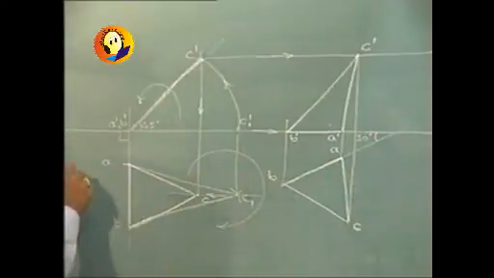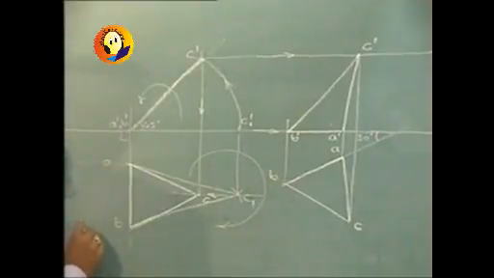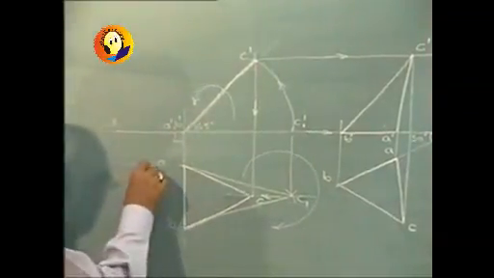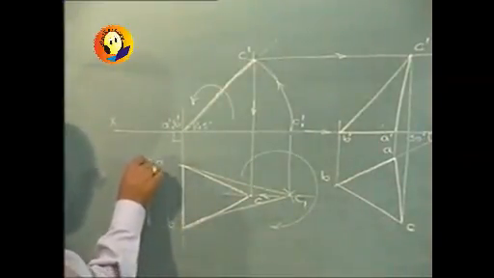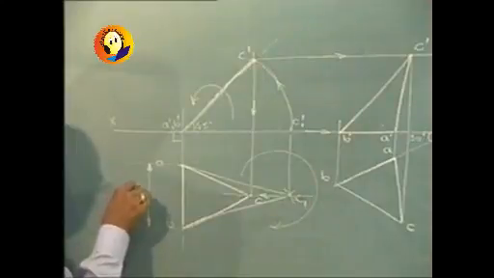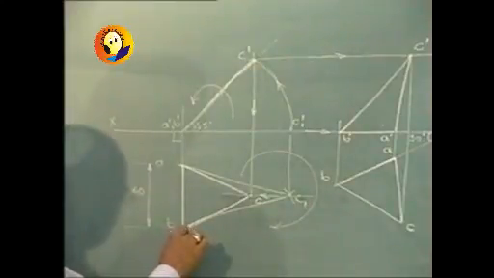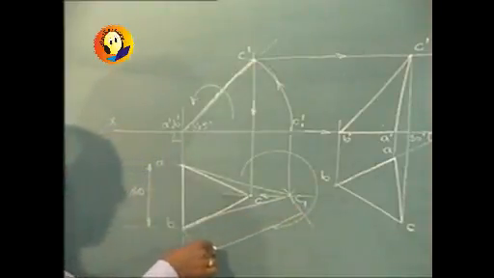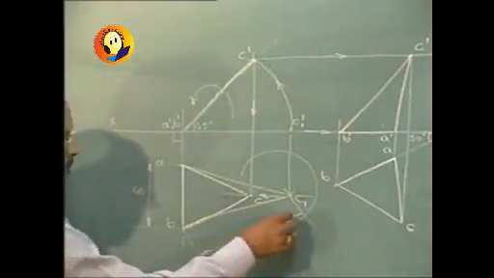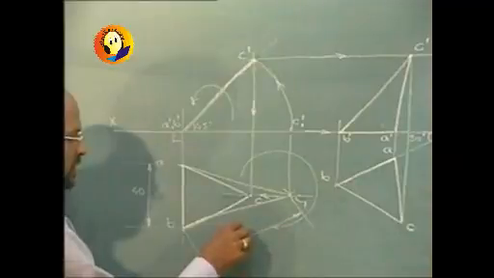So far as dimensioning is concerned, you are required to show the actual dimensions which are given to us. So AB was 40, BC was 70. So all these distances are to be shown.